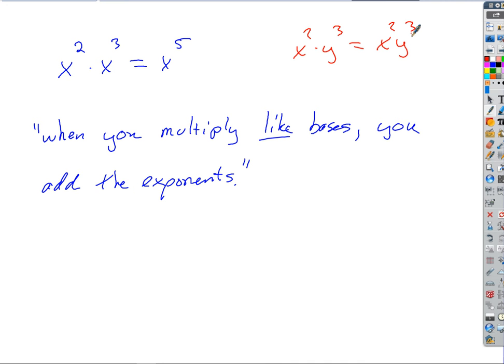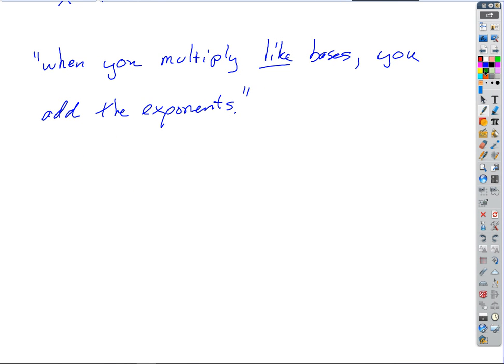Okay, question? If they have coefficients... Okay, so what about that? Let's make it a little tougher. What if we had something like 2x to the 5th times 3x to the 4th? Good question. What do we do?